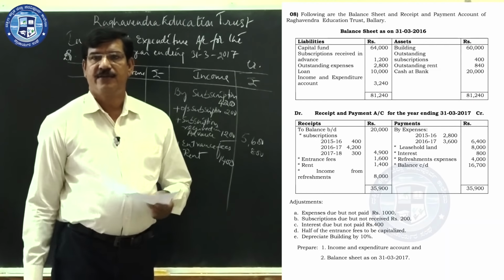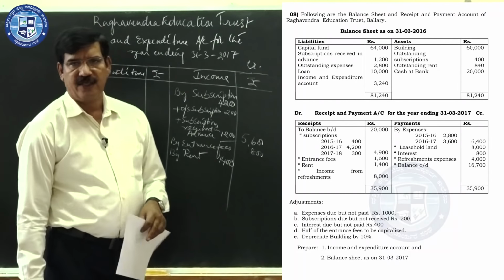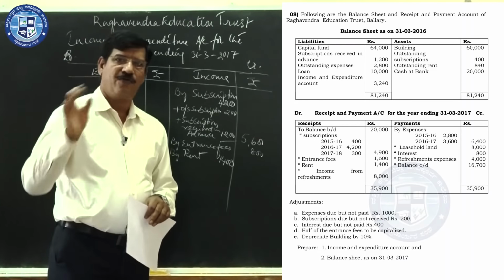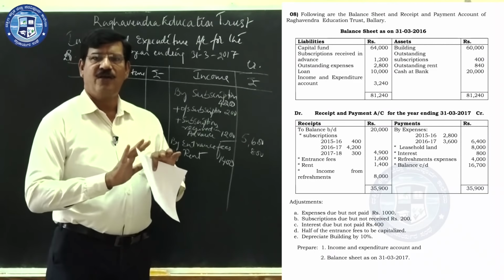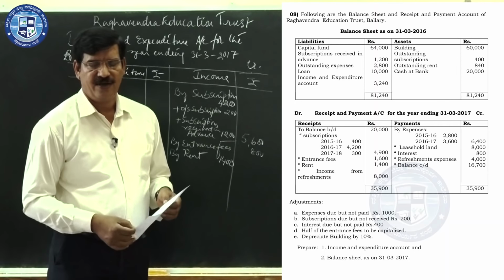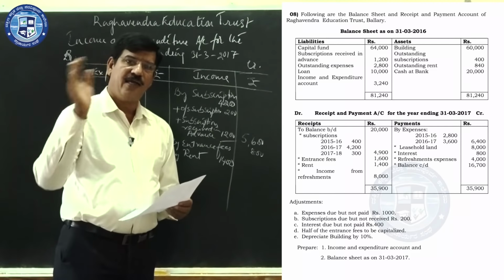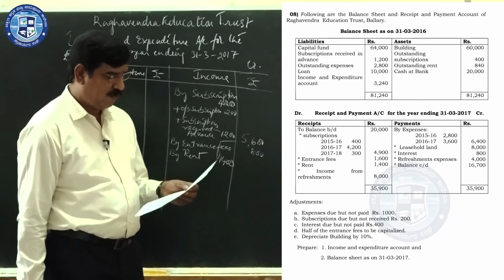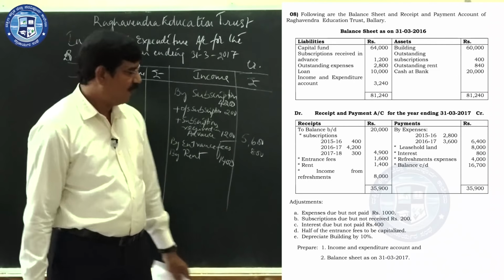Now look at the rent. The amount of rent is 1,400. This includes the outstanding of last year and advance of next year. About the advance, no information is given. So you have to see whether there is outstanding in the last year. So once you look at the opening balance sheet, it is given on the asset side, outstanding rent 840.